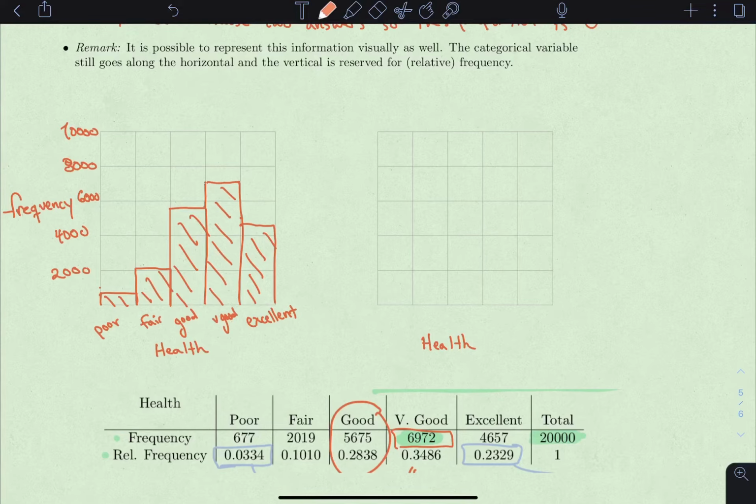Over on the right-hand side, we'll do relative frequency. And we can use our table at the bottom to help us choose what should be our highest value as far as the vertical axis. But first, we should fill out the horizontal.